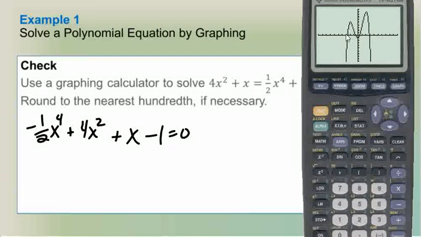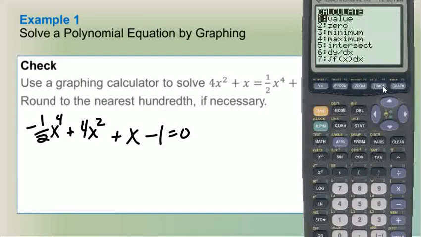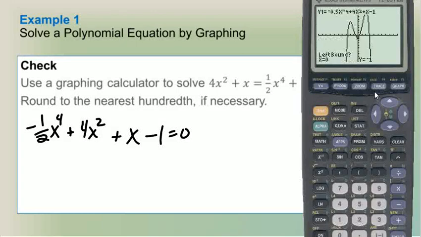So now we have 4 zeros: 1, 2, 3, and 4. So we need 4 answers. Second trace, number 2. Left bound would be below the x-axis here. Enter, go above for the right. Enter, enter a third time. So we got negative 2.64.